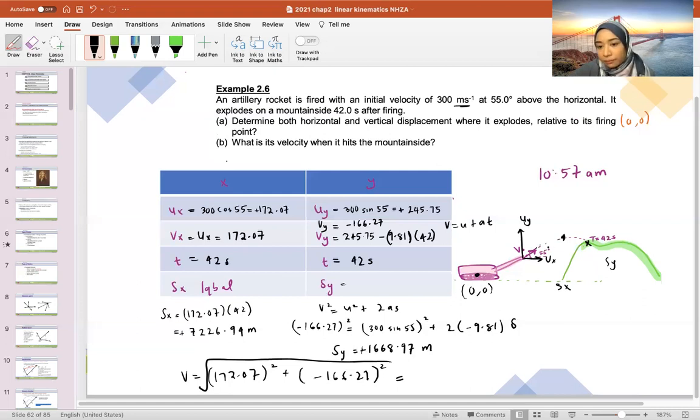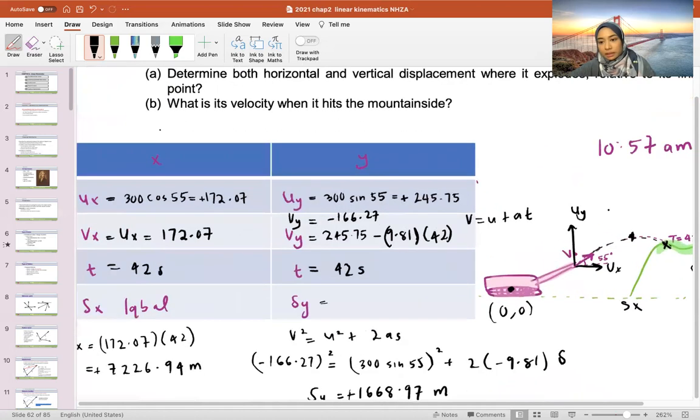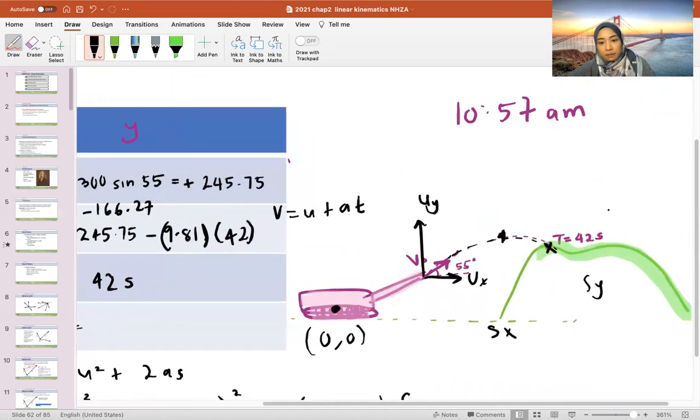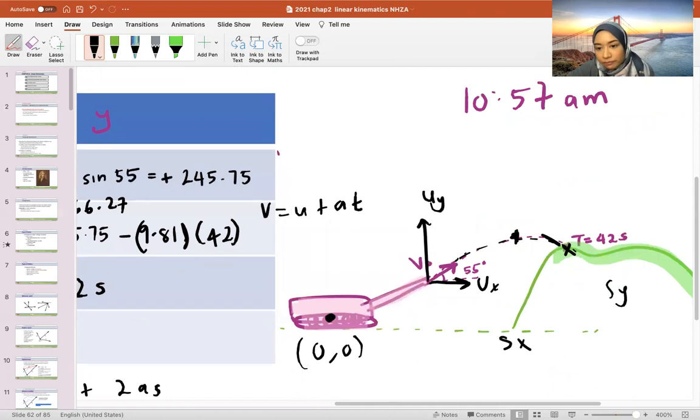Okay, again, if my projectile motion looks like this, let me besarkan ni. Kalau gambar dia memang macam ni, then our velocity vector is like this, right? And our vx is this way and our vy is this way, so the angle is over here, therefore it is below the x-axis.